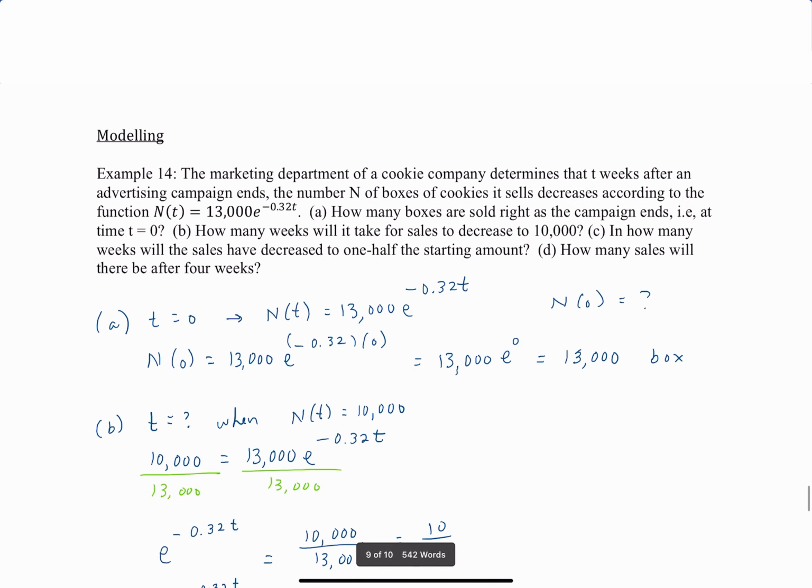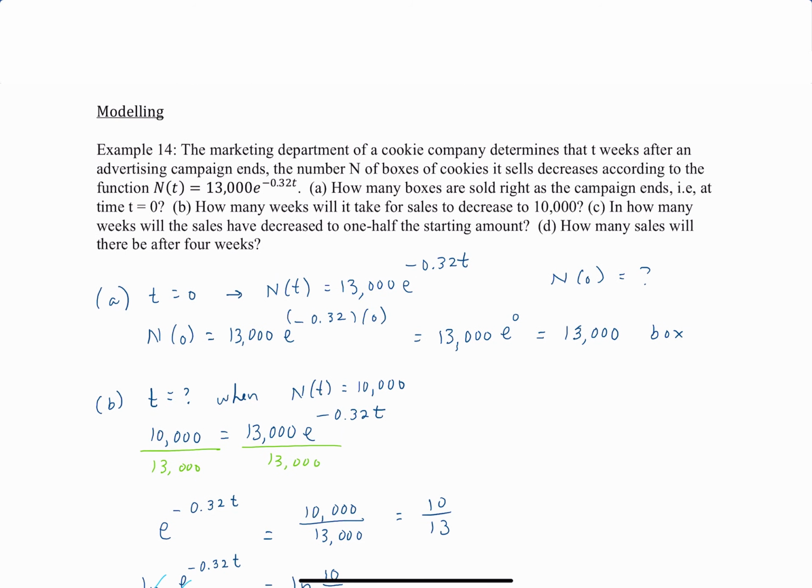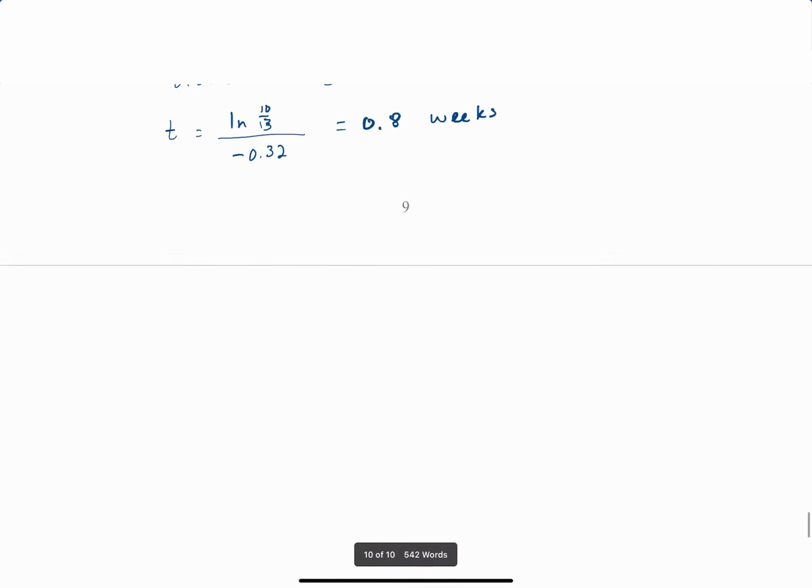Let's see, what else do we ask for? Now, just real quick, right away, let's notice that the question is about time. It's asking for a t value. In how many weeks will the sales have decreased to 1/2 the starting amount? Well, we already saw that the starting amount, in other words, N sub 0, was 13,000 boxes.